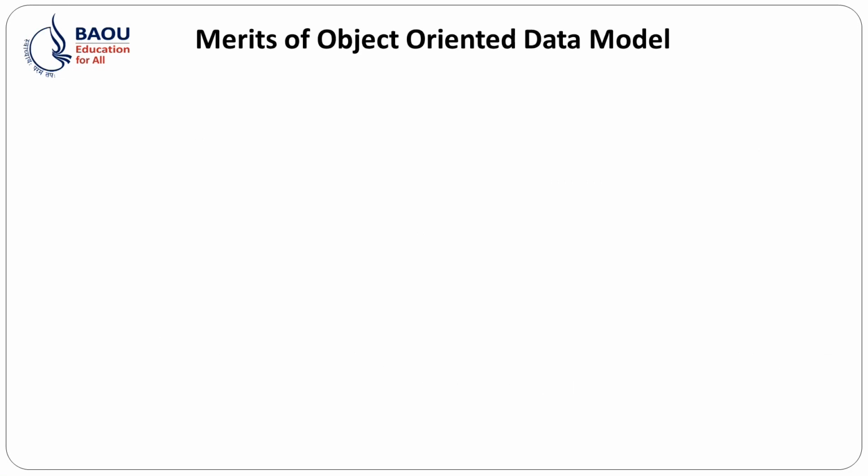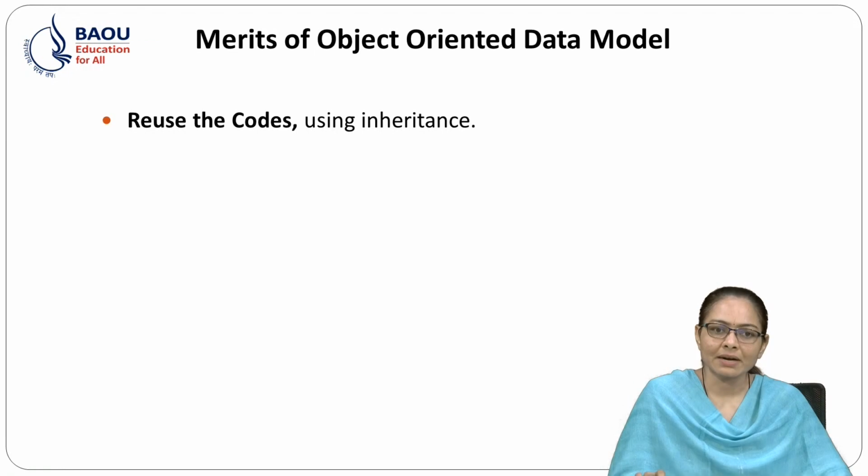Now, the merits of the object-oriented data model. Which are the merits? Reuse the code using inheritance. Using inheritance, you can use the base class attributes and methods in the derived class. No need to describe the base class attributes and methods in a derived class.